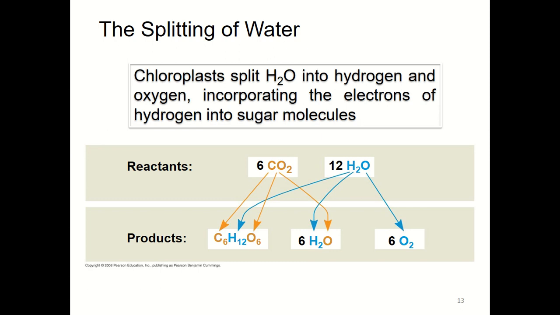We just simplify the equation. Each of the atoms here will be rearranged to form new products. So the products of photosynthesis are carbohydrates, water, and also oxygen.